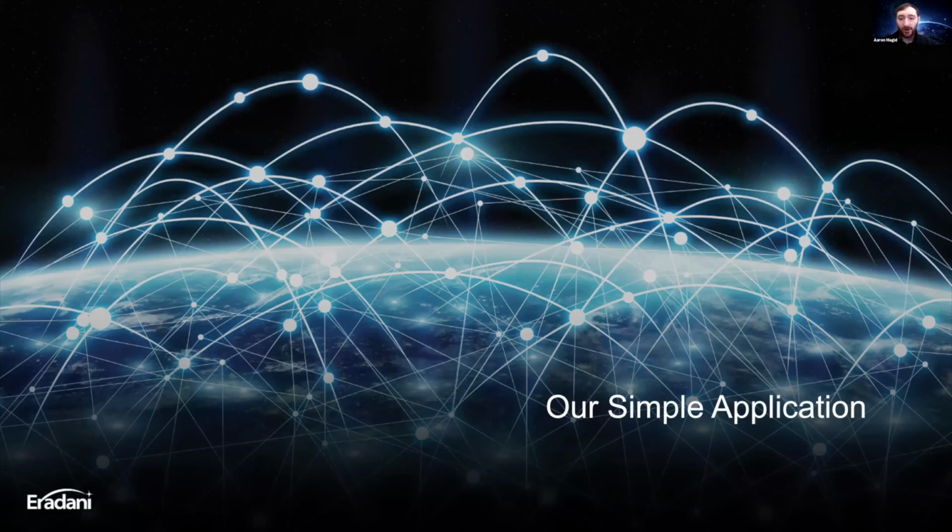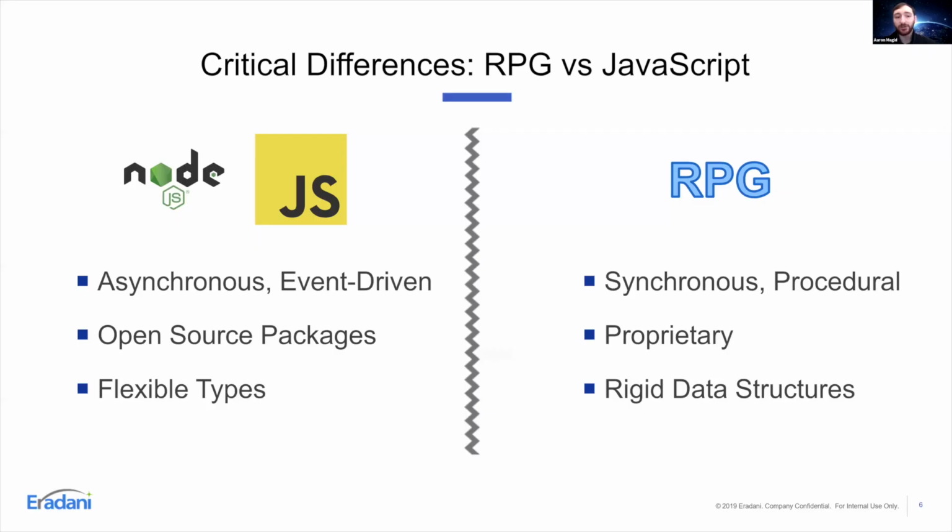So we covered our simple application, and what we're going to do next is hop into these critical differences. There are three main core differences between JavaScript and a procedural language. We're going to be using RPG for this example, but really any procedural language would fit in this comparison.